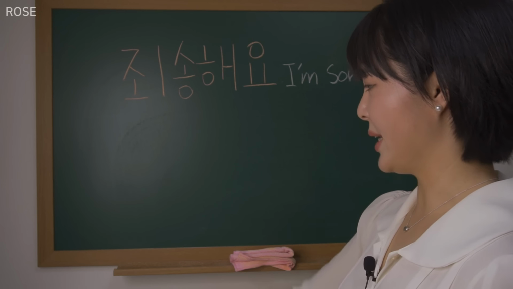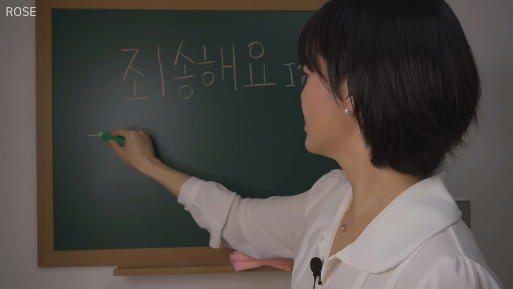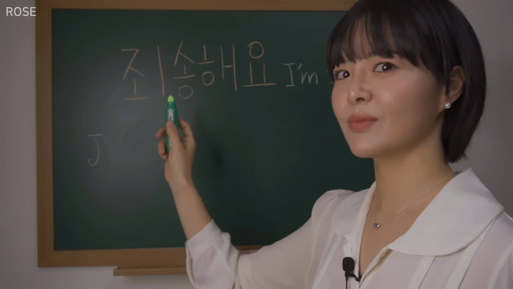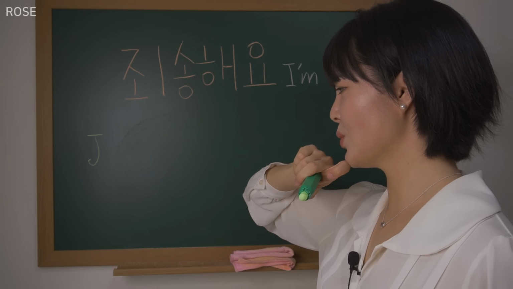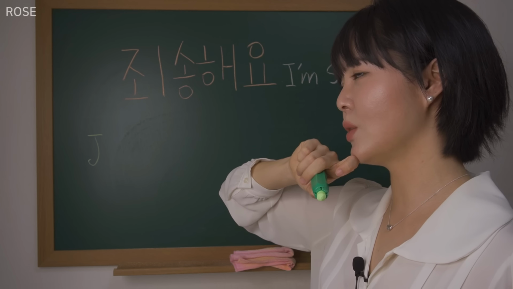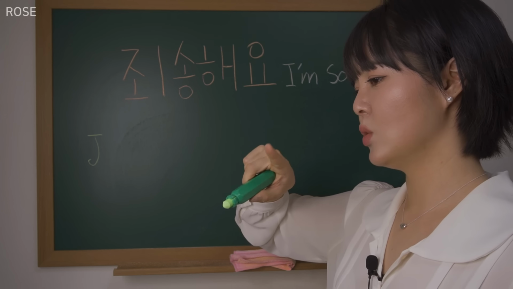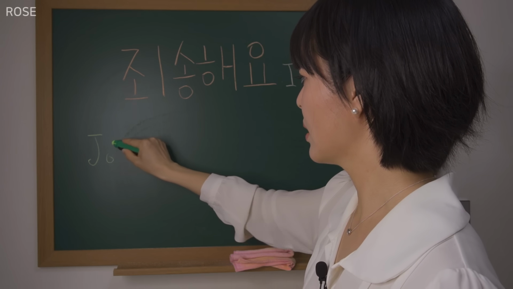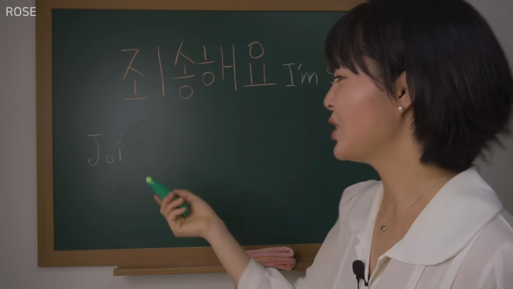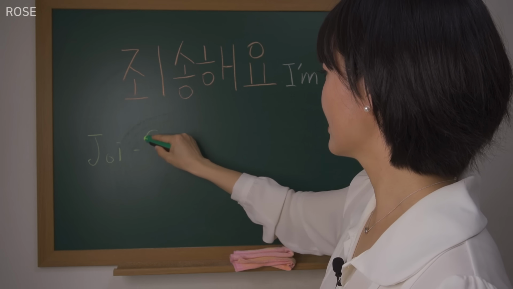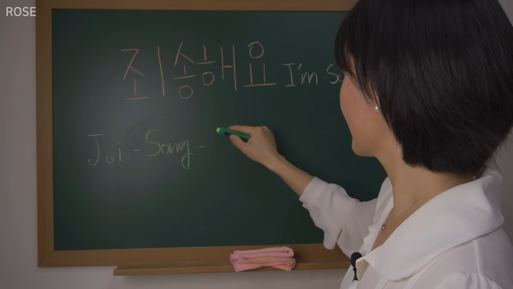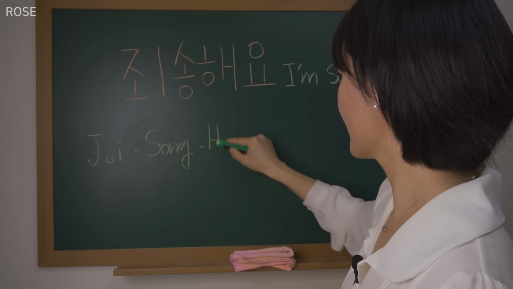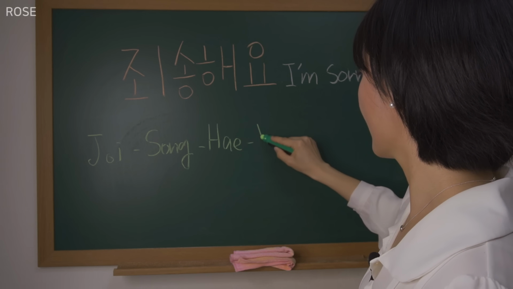Alright, let's break it down. 죄. How do you write this down? How do you spell this? 죄. 송. 해. 요.